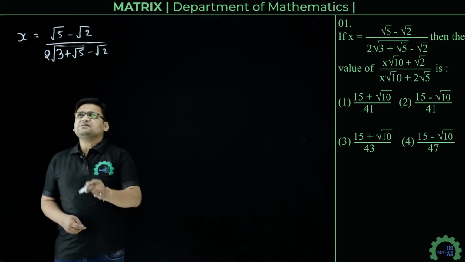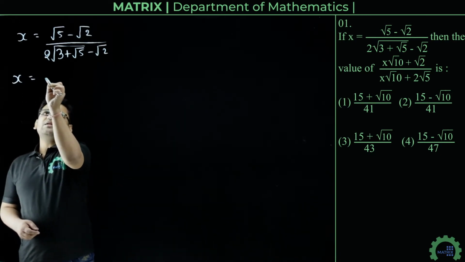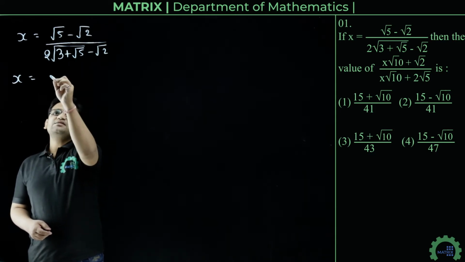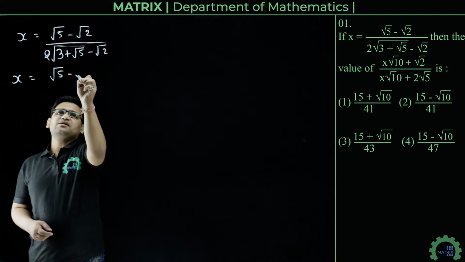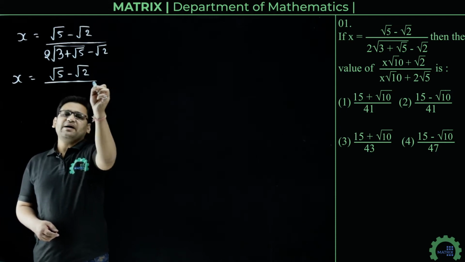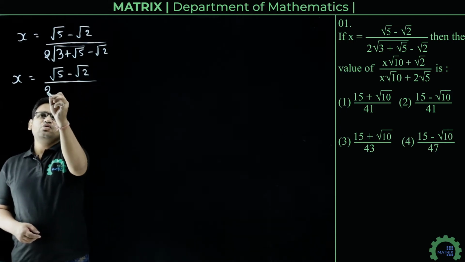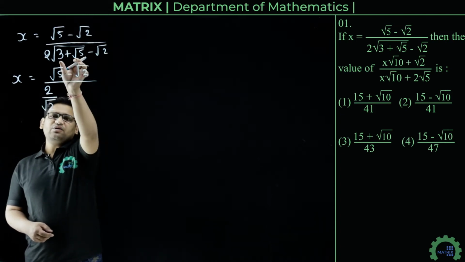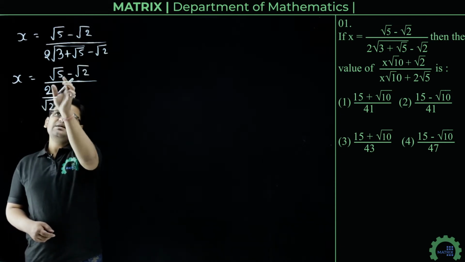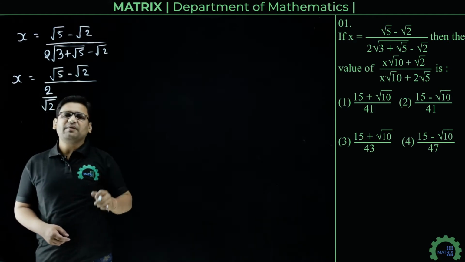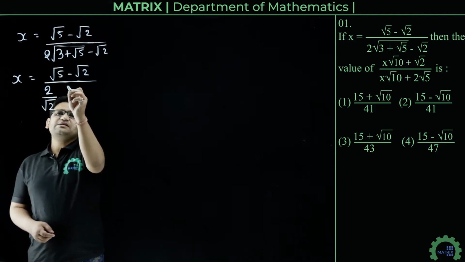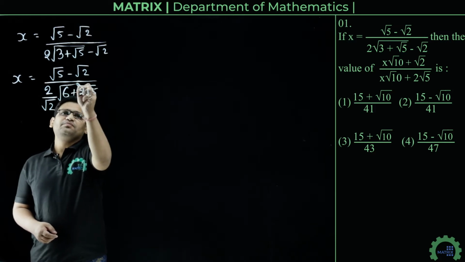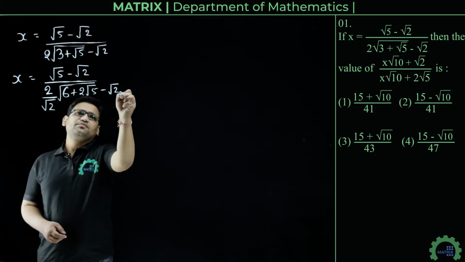Now to simplify this, we will multiply and divide this number by root 2. That is, x equals root 5 minus root 2 divided by 2 by root 2, and we should multiply this number by root 2 as we have divided this by root 2. So this will be the square root of 6 plus 2 root 5, minus root 2.